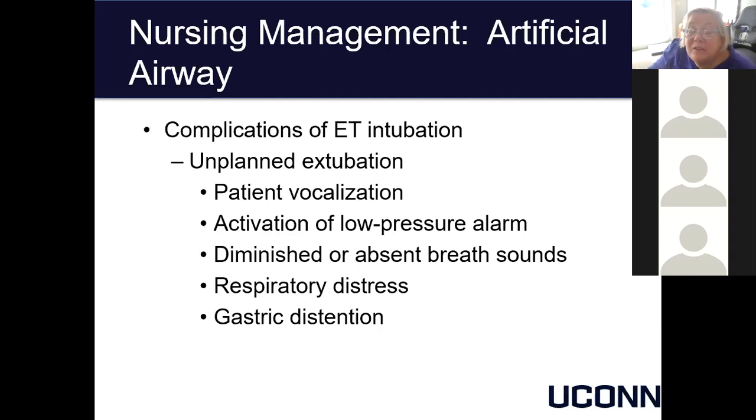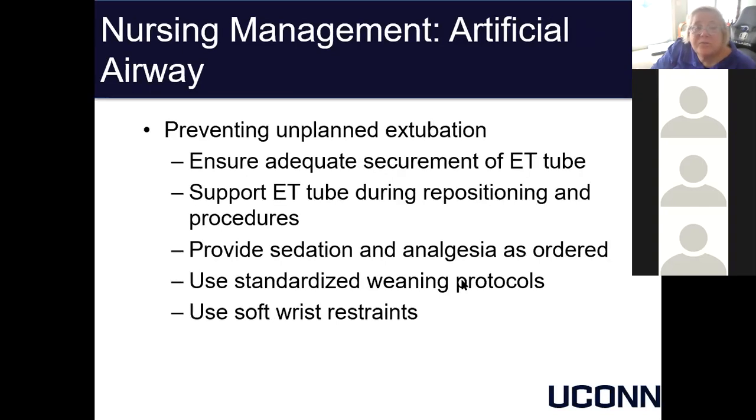So you will have a low pressure alarm sometimes if it's misplaced. You're not going to hear breath sounds when the airway gets displaced. They'll show signs of respiratory distress. And again, if it ends up in the GI tract, you're going to have gastric distension.